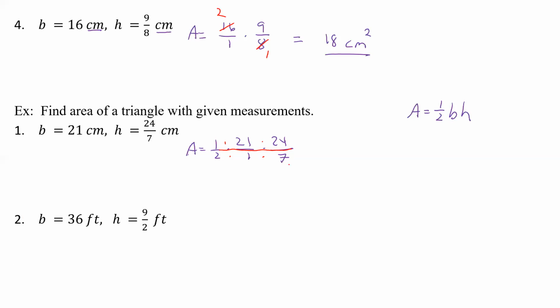So now we can cancel. Well, 7 goes into 7 once, and it goes into 21 3 times. Now 2 goes into 2 once, and it goes into 24 12 times. So now what do we have? Well, we have 1 in the denominator, and 3 times 12 is 36 in the numerator. So we have 36 inches.